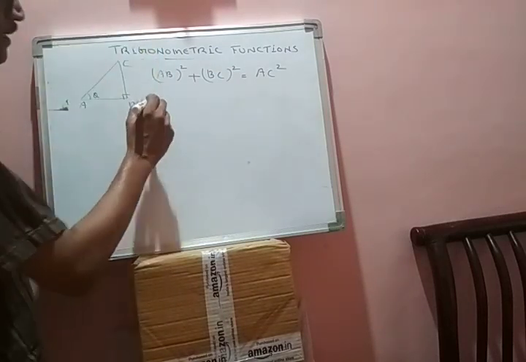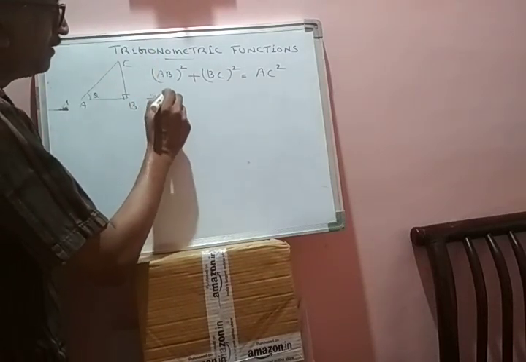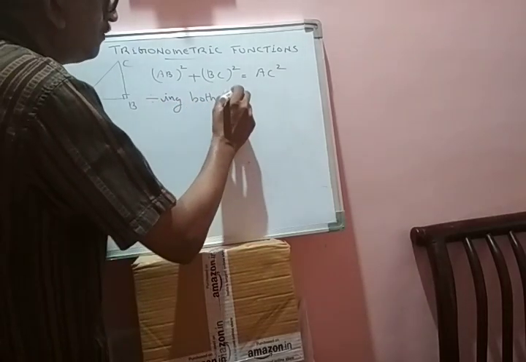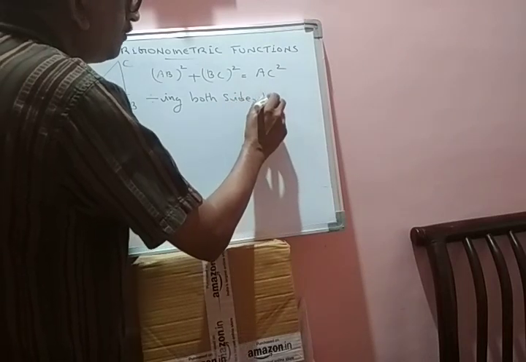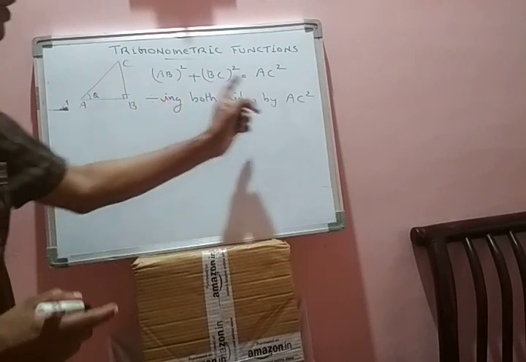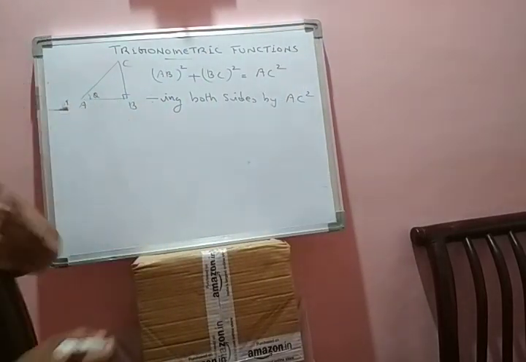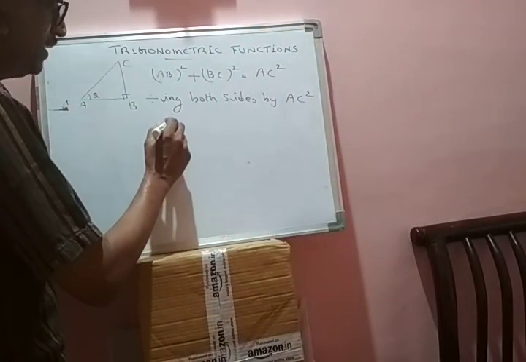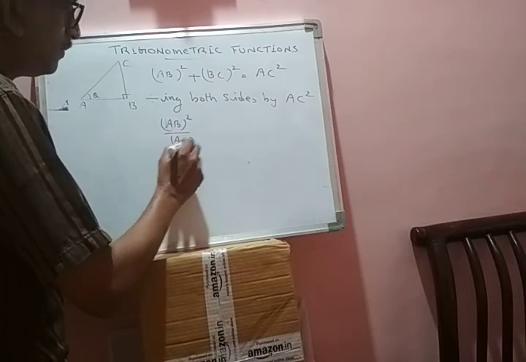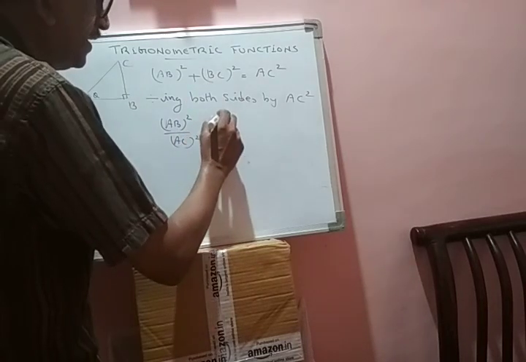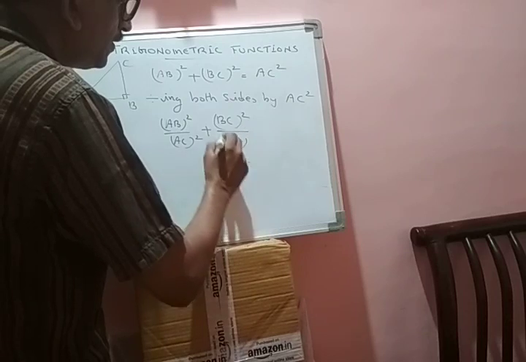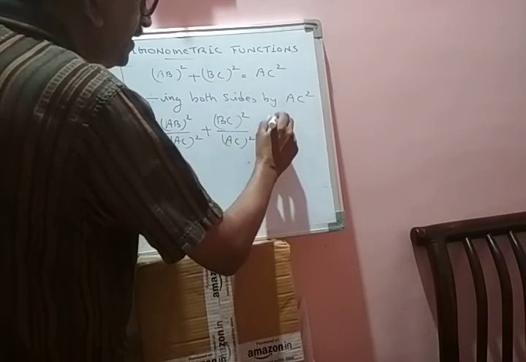Then, this is an equation, dividing both sides of the equation by AC squared. Divide AB squared by AC squared, plus divide BC squared by AC squared, is equal to AC squared divided by AC squared.